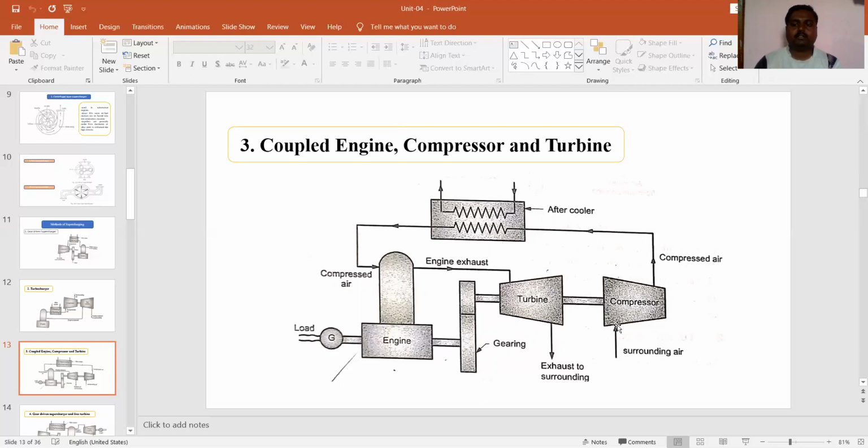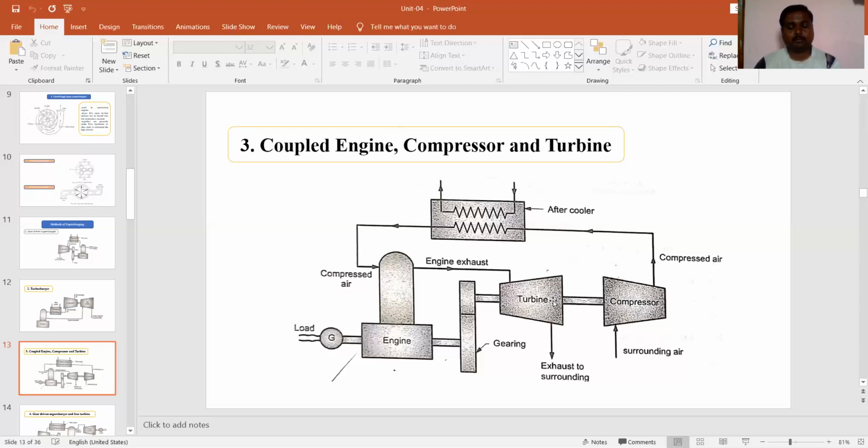Again the compression of air takes place, and this compressed air is supplied to the engine's cylinder through the intercooler. This is as usual. But in some cases we require more power for the compressor, that is if we require more compressed air. Suppose this turbine is not providing sufficient power to the compressor.